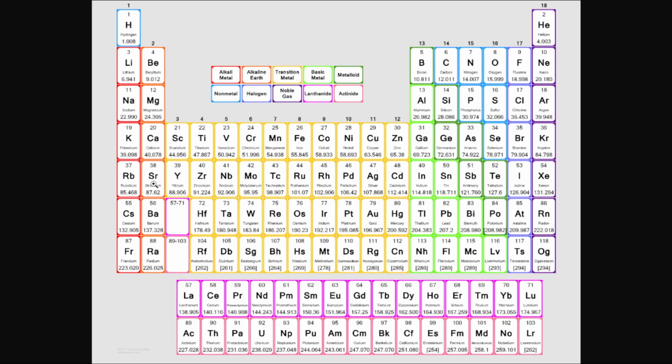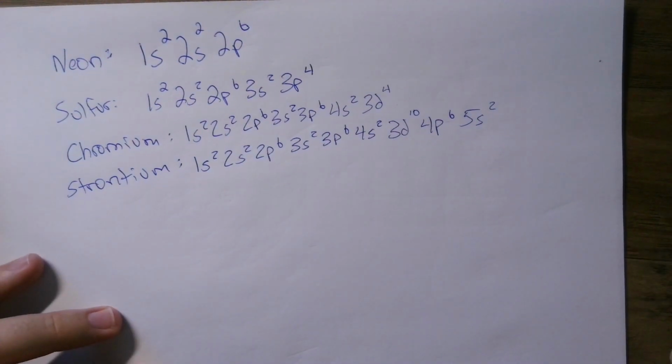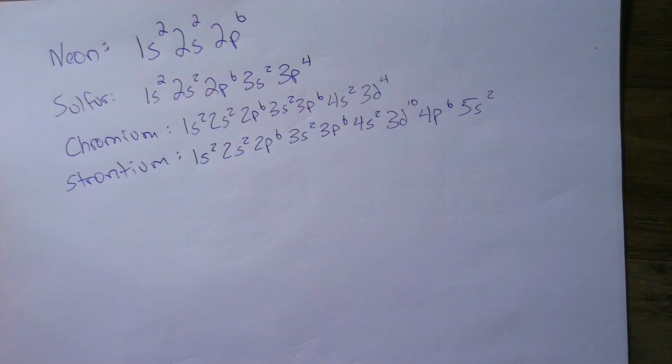That next row is called 4p, we do all 6 of them. And then the last one is called 5s, and it's the second box, so it'll be a 5s2. Just like that. You'll notice they all start the same, pretty much look the same. You just stop at a different point.